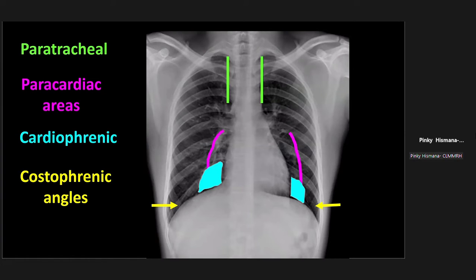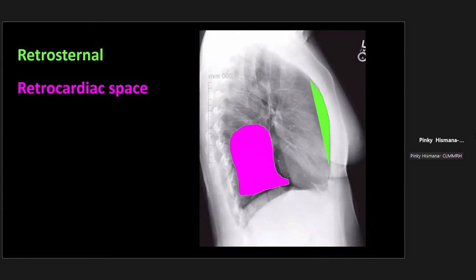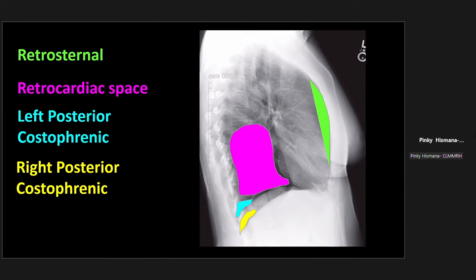These are widely used locations or regions when radiologists describe lesions as to location. Then we have the retrosternal and retrocardiac space. Then also we have the left posterior costophrenic space and the right posterior costophrenic space.